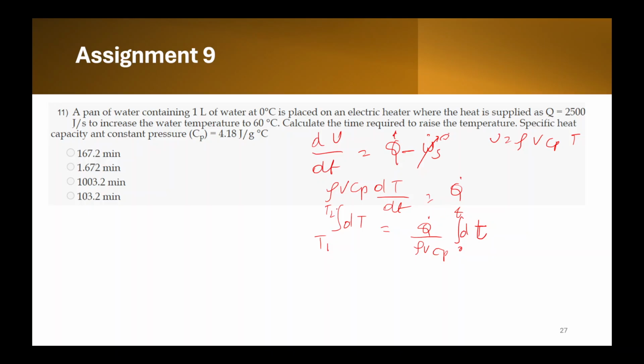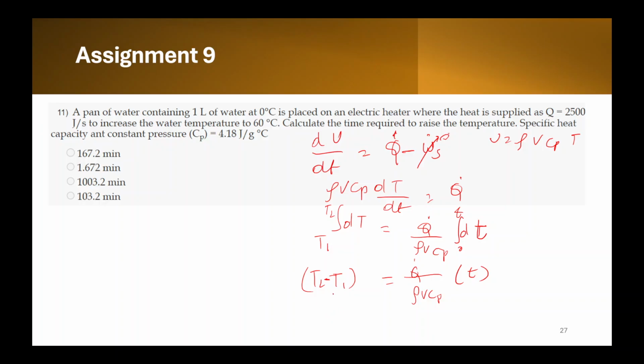At that time temperature is T2. So T2 minus T1 gives you Q dot upon rho V Cp into t. So you can find out time from this relation.